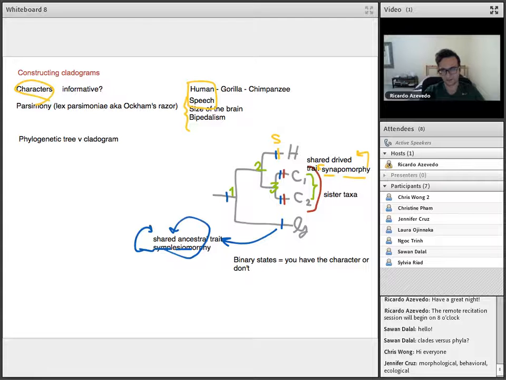So here, this line next to S, so in human, chimp, C1, chimp, the second species of chimp, C2, and G, gorilla, all of them have this trait of having the opposable thumb. So this trait is shared.